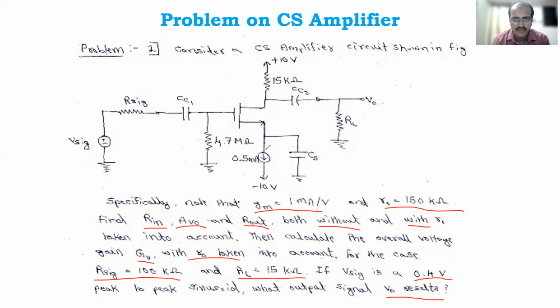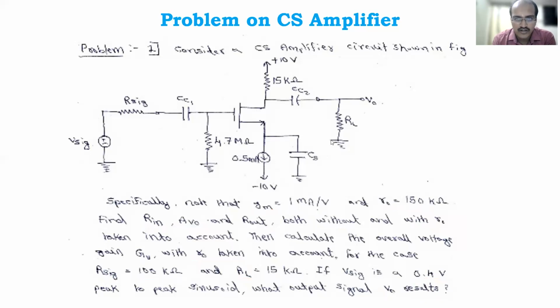Then calculate R in, AV naught, R out without and with R naught. Then calculate GV, and finally calculate V naught for the given 0.4. So these are the three sets of values you need to determine here.